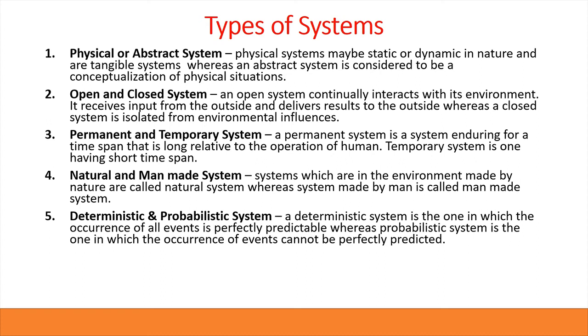The next we have to look at is the concept of deterministic and probabilistic systems. Okay, deterministic is one where the result is predefined, or the result is already known. For example, when you use a certain formula, whether you do it mathematically, manually, or give it to a computer, you already know what the result will be.